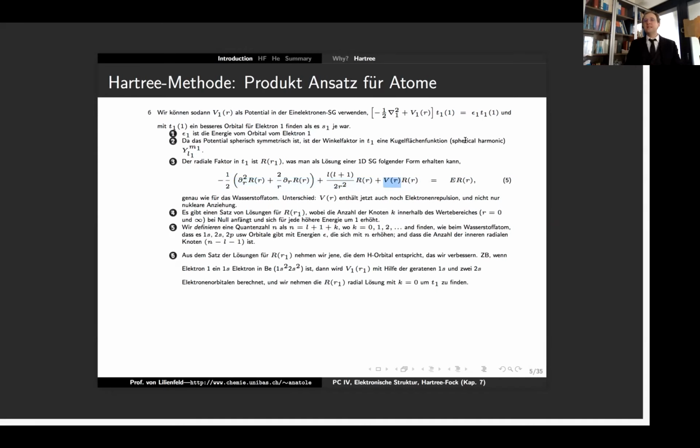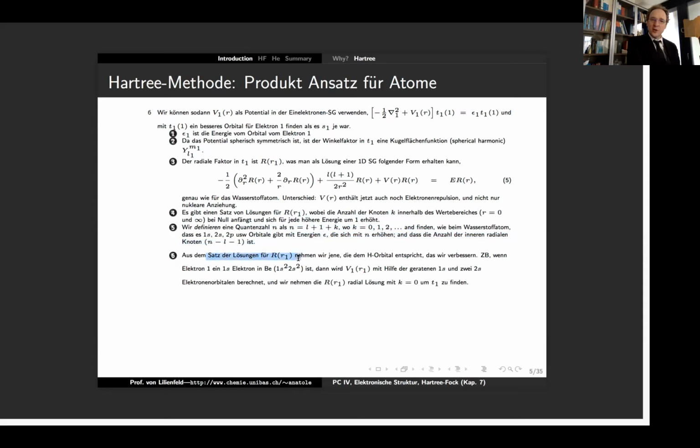This is the V containing all the other electrons in the atom. So V contains the electron repulsion to all others and the nuclear attraction. This gives us a set of solutions, and the number of nodes, as always, correlates with the energy, and we can define a quantum number as we go through these solutions with corresponding eigenvalues.